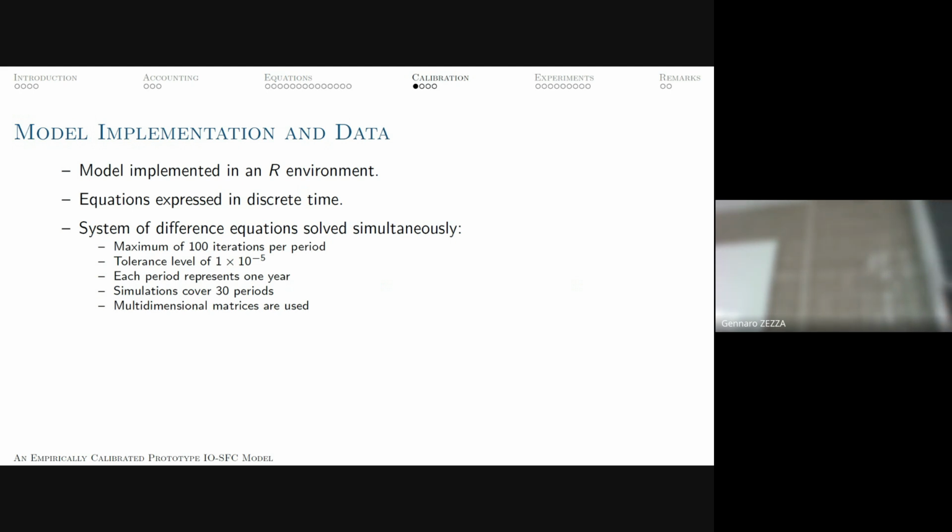And multidimensional matrices are used, which are perhaps the most important difference compared with other models I developed or other authors have developed. I discovered that actually it's quite easy in R to have multidimensional matrices. It only takes you to use array. There's this command, it's quite simple.